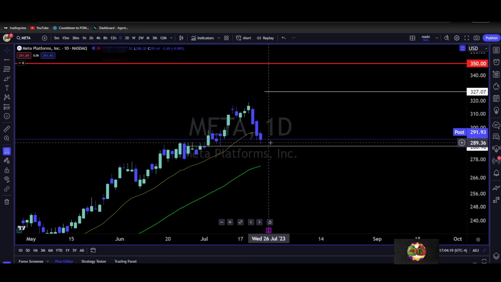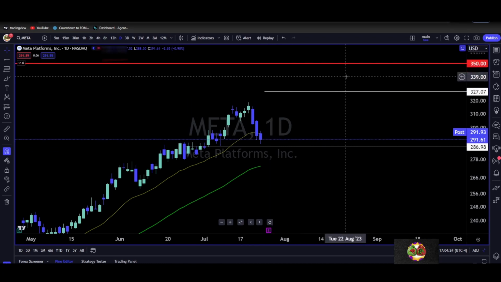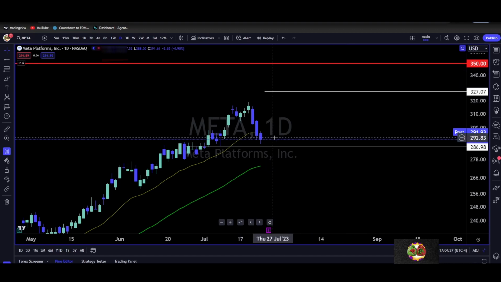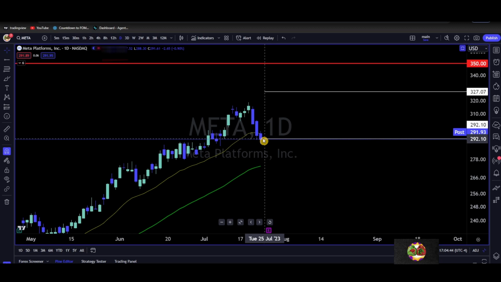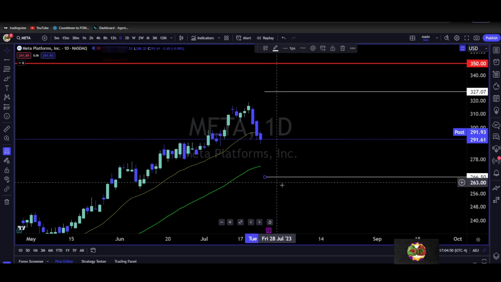It just simply means that I want Meta to stay under 350, because I am short a call. So yeah, that's that. And it can also move, like they said, $25 to the downside.